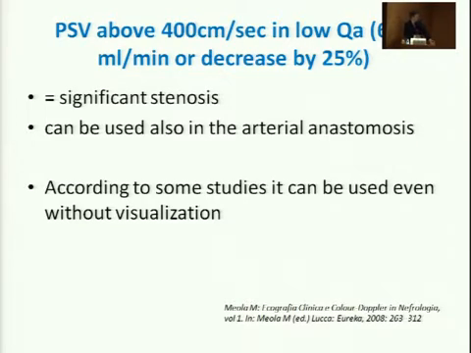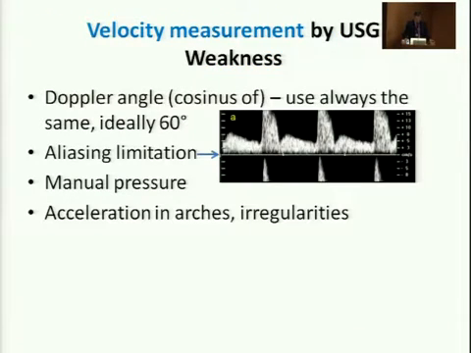There was some other work when peak systolic velocity above 4 meters per second in low flow vascular access was always associated with significant stenosis, and the authors concluded that even a simple Doppler can be used for this purpose, but I would not agree completely with their conclusion.